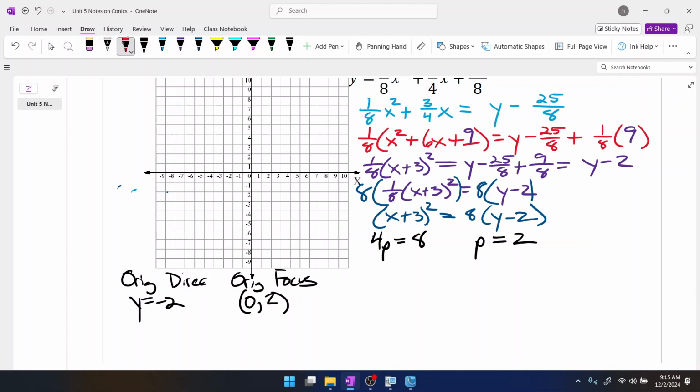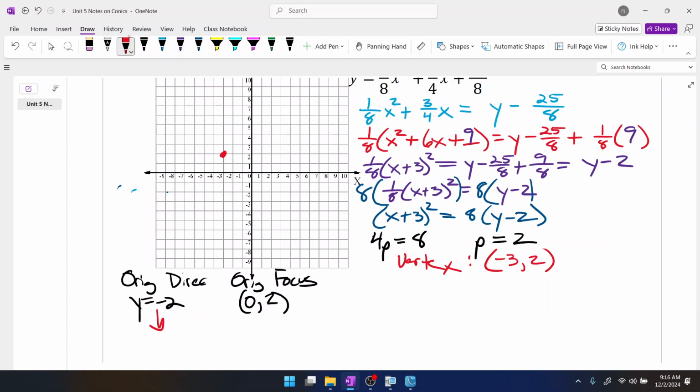But we need to know what the vertex is. Well, that's easy enough. What's the vertex for this? Negative 3, 2. So basically, the original vertex starts at 0, 0, but our new vertex is at negative 3, 2. So we literally move everything 3 units to the left and 2 units up.